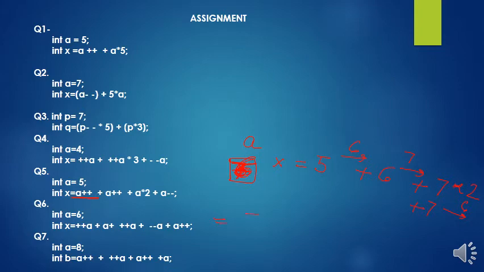So the final expression is 5 plus 6 plus 7 into 2 plus 7. So 5 plus 6 plus 14 plus 7 is equal to 32. So x will store the value 32.